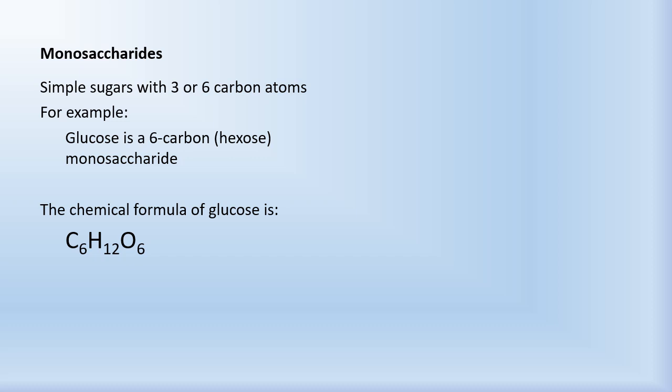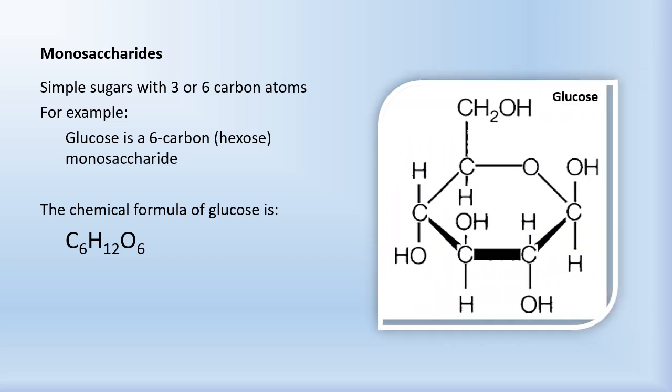Remember that carbohydrate is carbon and water. And the chemical formula of water, of course, is H2O, i.e. twice as many hydrogens as there are oxygens. So hence the H12O6. Have a look at the diagram.